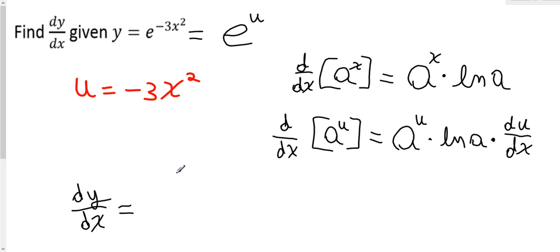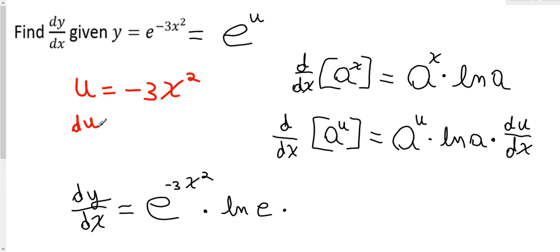So I'm going to have e to the u power, where u is negative 3x squared, multiplied by the natural log of e, multiplied by du/dx, the derivative of u with respect to x.